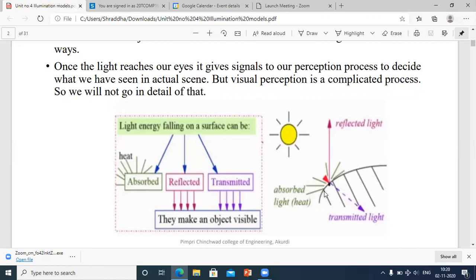The surfaces that don't absorb the light reflect it, and they produce reflected light rays. And the surfaces that neither absorb the light nor reflect it transmit it straight into the inner part of the ground. This is the meaning of illumination.